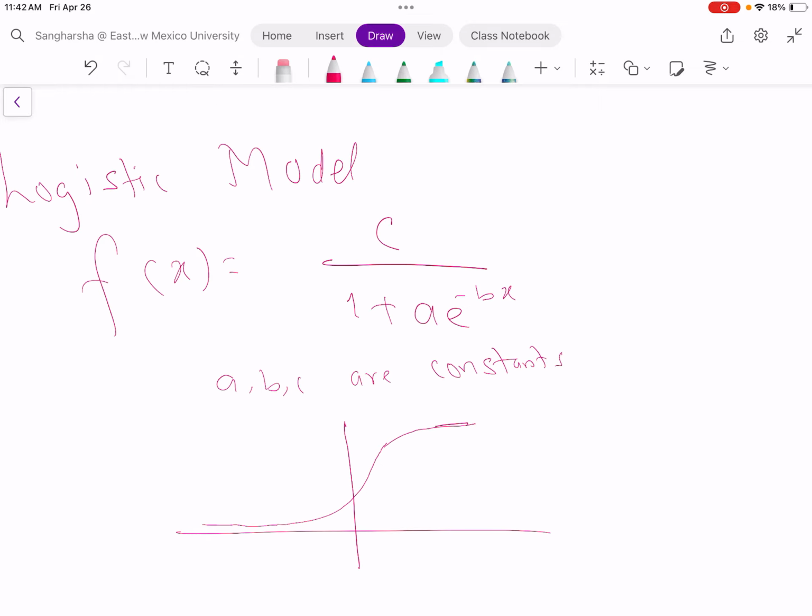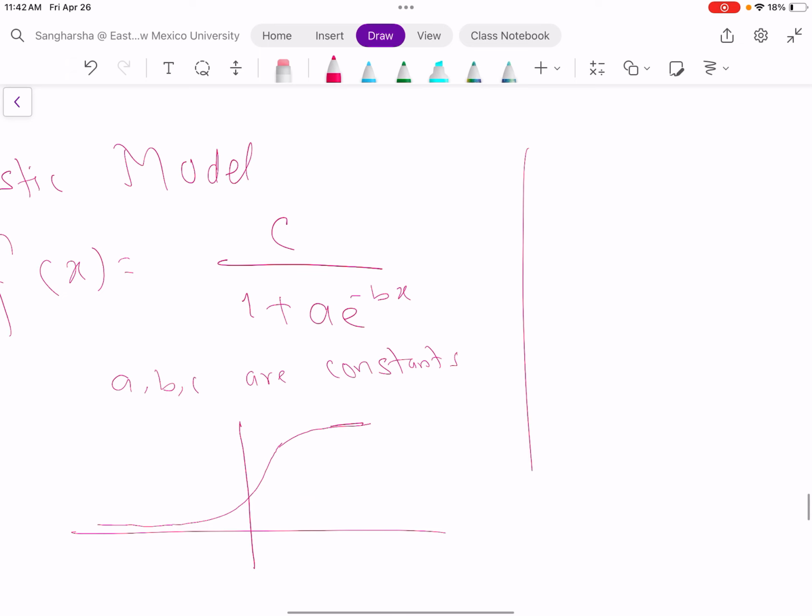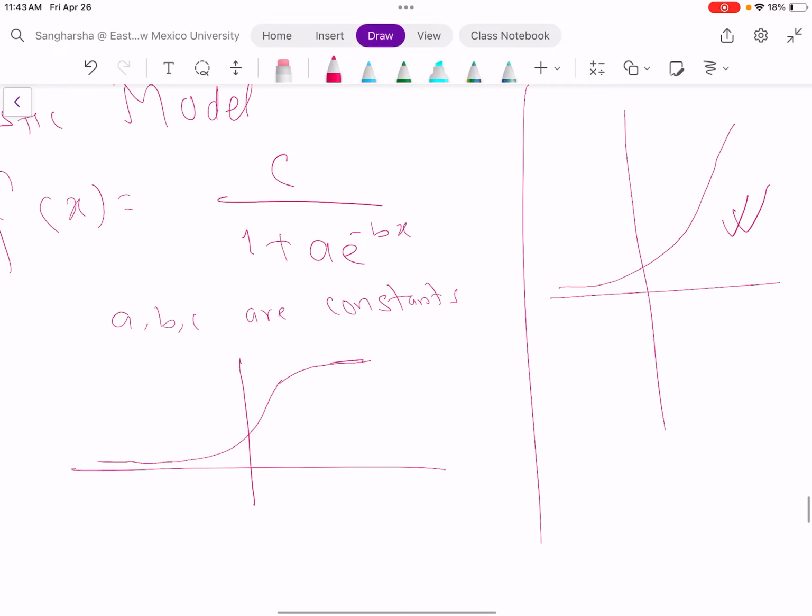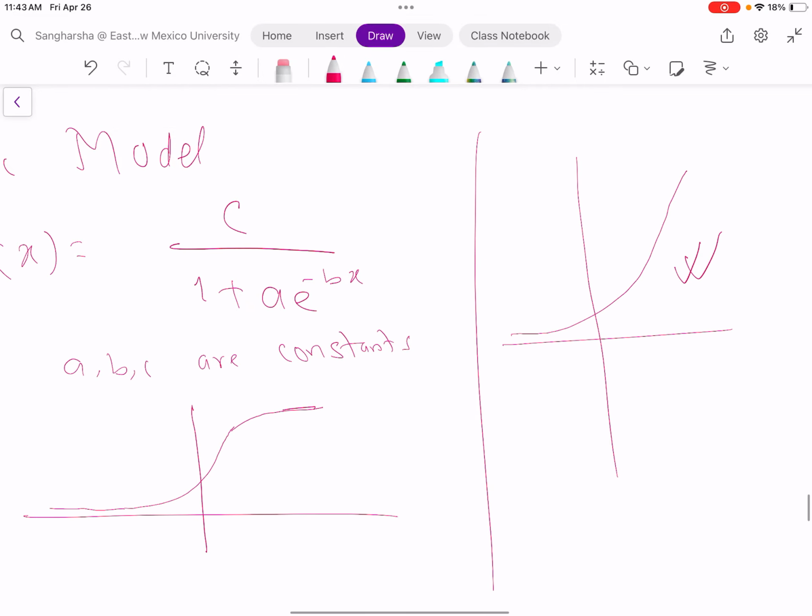So what was our function for the last example? We had an exponential growth function, right? So the graph looks like this. Now, why do you think this was not a good estimator from the graph?